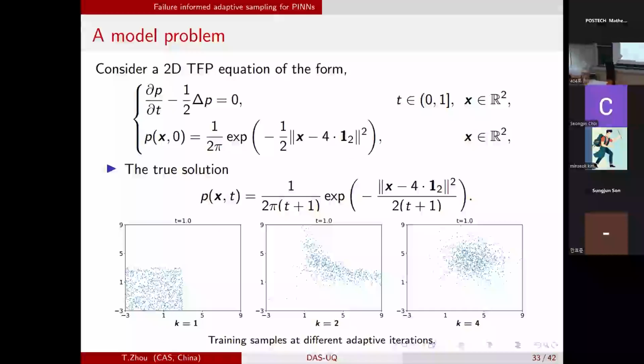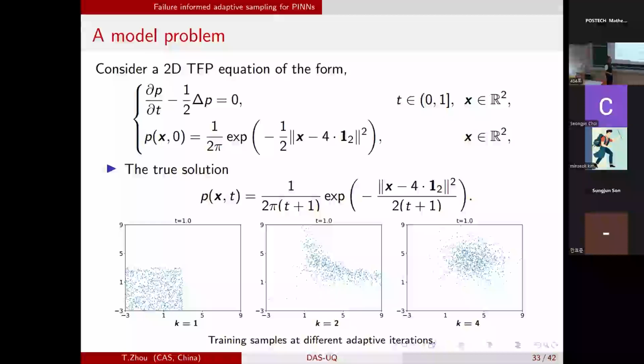I begin with these training points, and I train the generative model, maybe 100 steps by SGD, and then I obtain the approximate solution, the generative model. The model will generate new points, and then I will get rid of the initial training points.